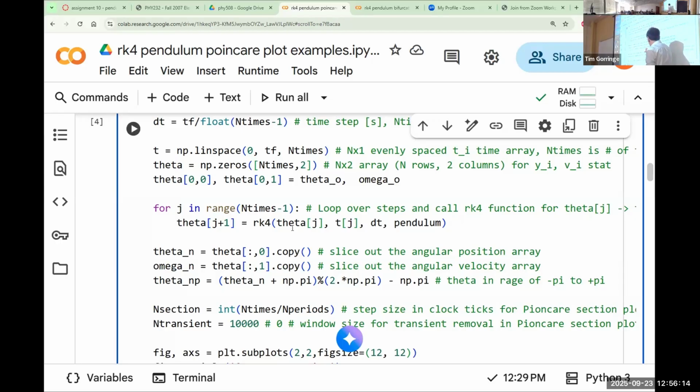So this is just basically dividing by 2 pi to get this theta modulo 2 pi. So these are my solutions that I'm going to work with.